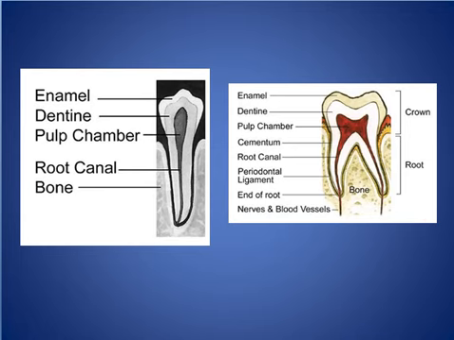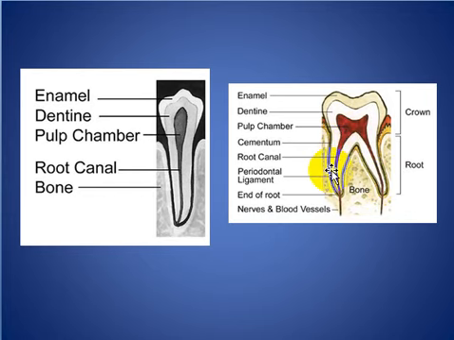As we see here, the tooth is composed of two components, the crown and the root. This is the enamel cap, and below it is the dentine, and below that is the pulp, and from the pulp we have the root canal.